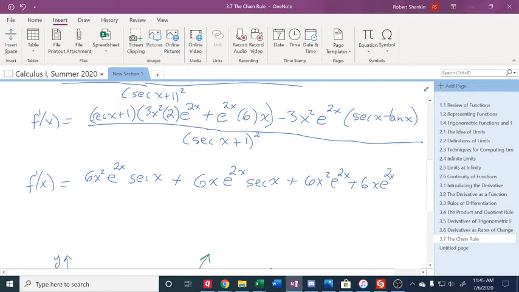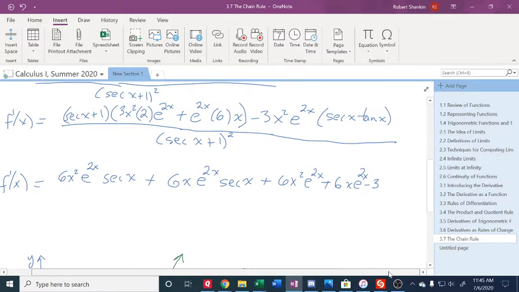And then this last term is minus 3x squared e to the 2x secant x tangent x.